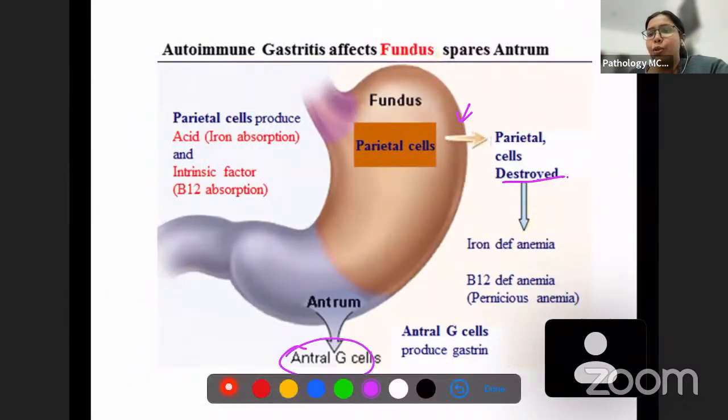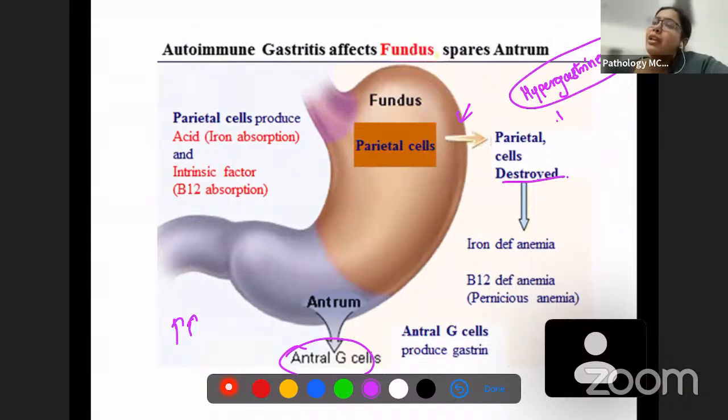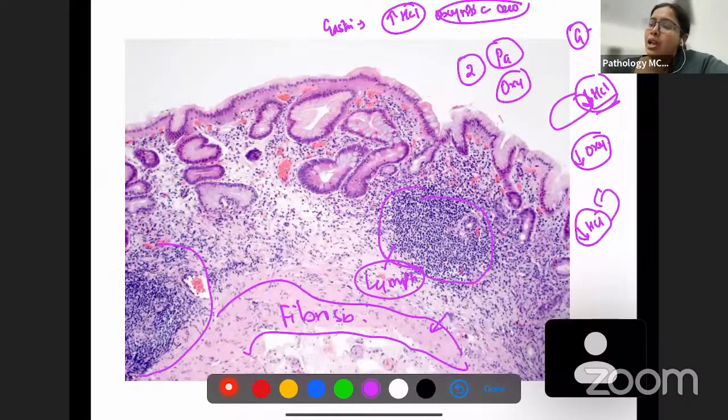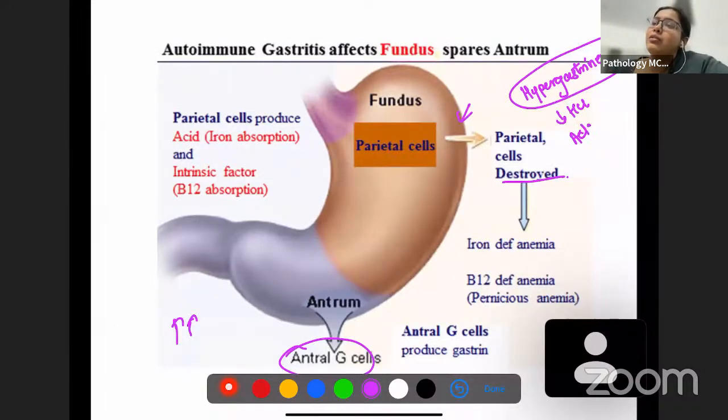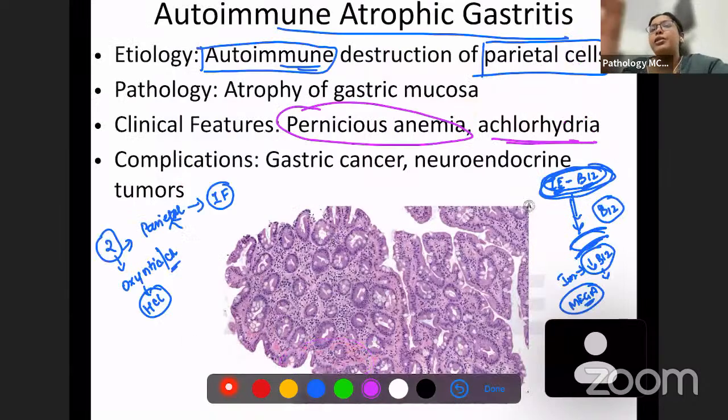G cells are going to produce more gastrin, and here no oxyntic cells are there to produce HCl. So what is going to happen? Hypergastrinemia, more gastrin production, and low HCl, which is known as achlorhydria. Hypergastrinemia and achlorhydria are present in which condition? Autoimmune gastritis. Now we know why it is present in autoimmune gastritis.